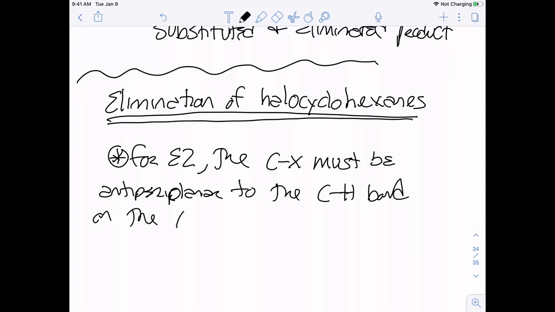I don't think I've used that term before, alpha and beta, but the alpha carbon is always the carbon that we're talking about. So if I'm talking about an alkyl halide, the carbon that the halogen is attached to is my alpha carbon. And then the carbon next door to that is my beta carbon.